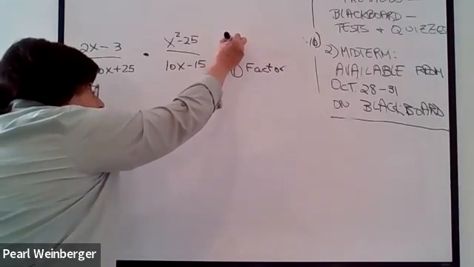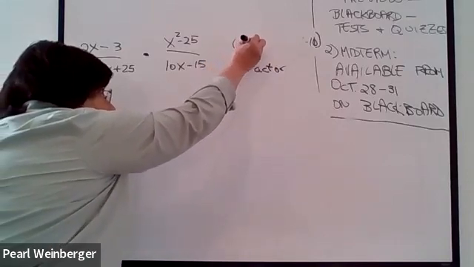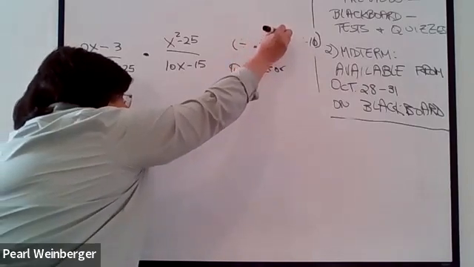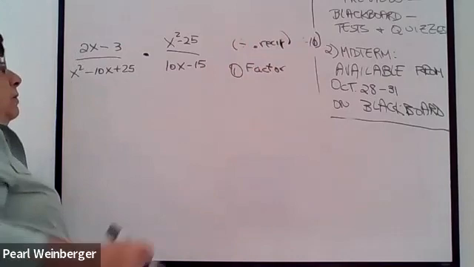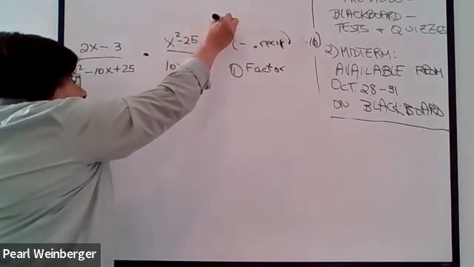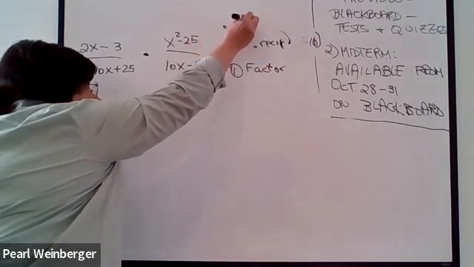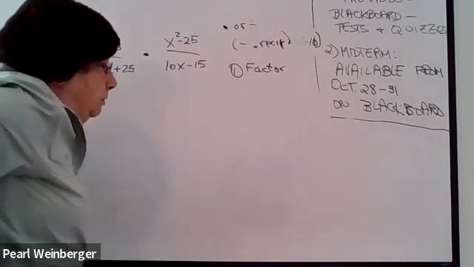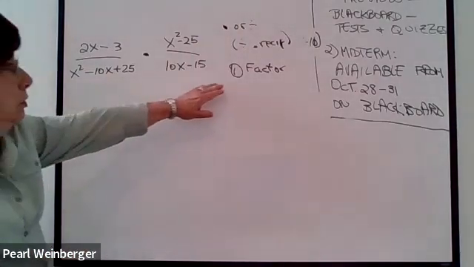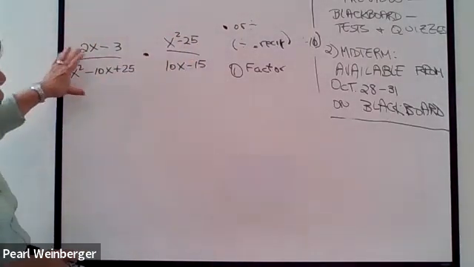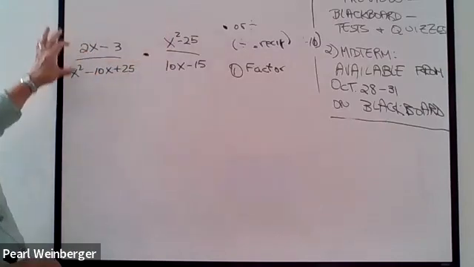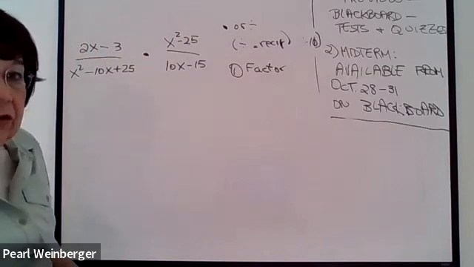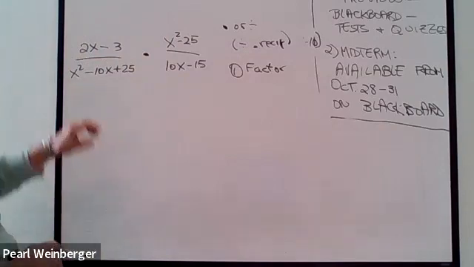Let me just say, when it's division, then you have to do the reciprocal. And then if it's multiplication or division, after you've done that reciprocal, if it needs to be done, the first thing you're going to do is take each one of your pieces of your fractions and factor them as much as possible.